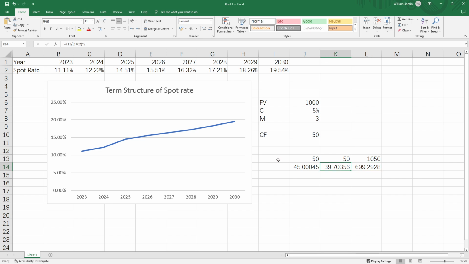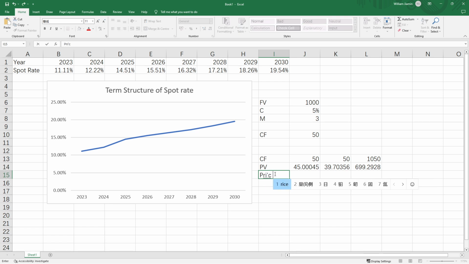You can think of it as a series of cash flows, and all this series of cash flows have been discounted back to now, so it's a present value. And if you add all that up, you'll get the price of that bond, which equals the sum of all that.